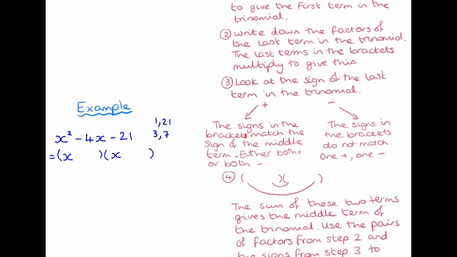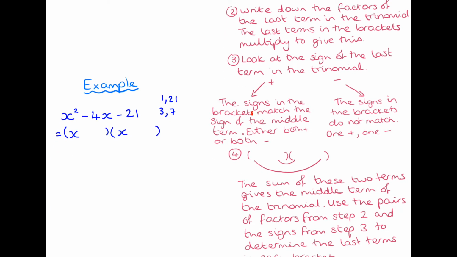Okay, so step 3, look at the sign of the last term in the trinomial. So the sign of our last term here is negative 21. So again, we're going down this branch in step 3. So the signs in the brackets do not match, 1 positive and 1 negative. Okay, now we need to be considering this, and we need to make negative 4x from those 2 terms combined.